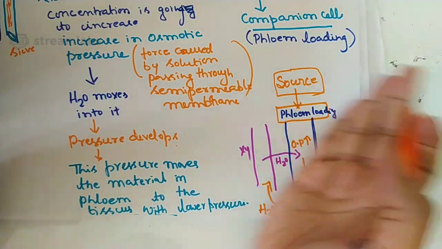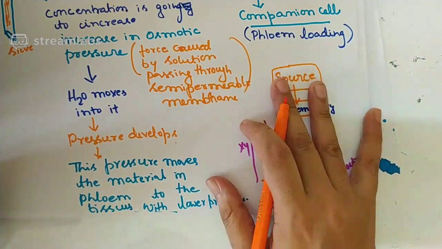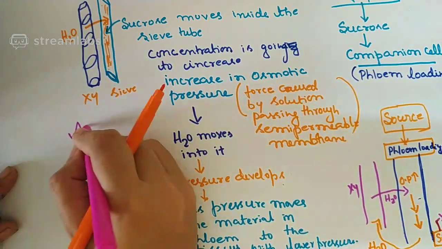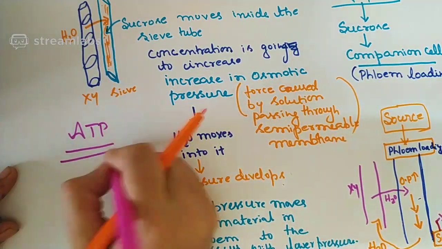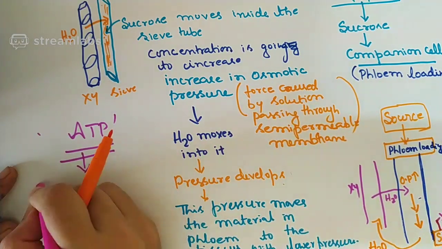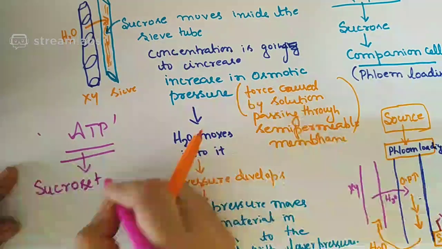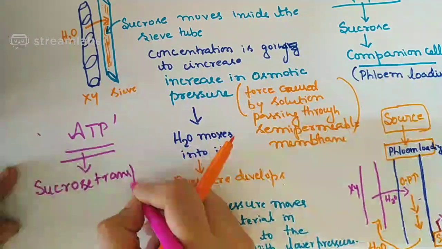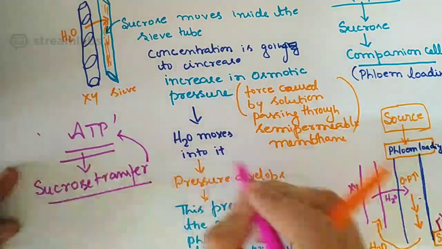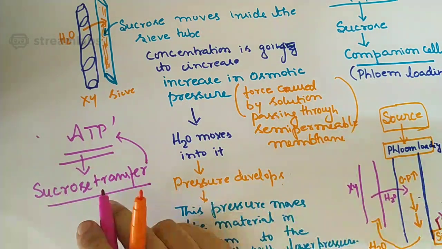And the loading of the sucrose or deloading of the sucrose requires ATP. ATP is very much needed. ATP is required for the sucrose transport.